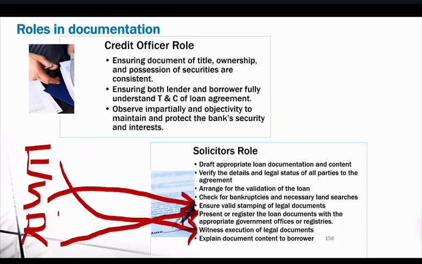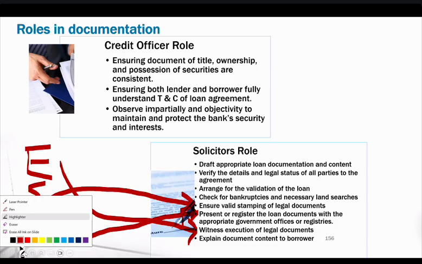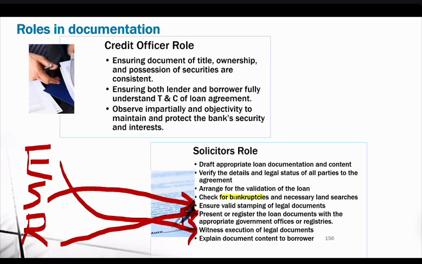ESR. Okay? Another way you can remember is they do searches. There's a bankruptcy search. There's the land search. So remember the solicitor's role: execution, stamping, register. And then they do searches.